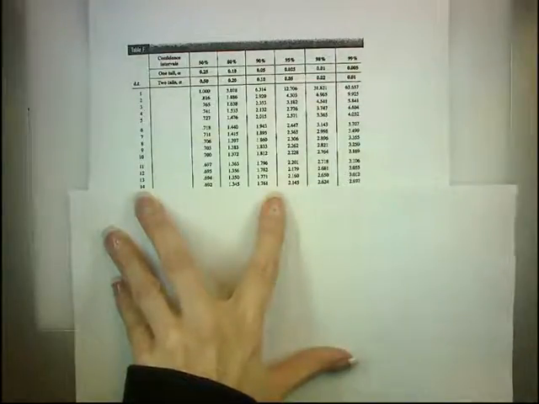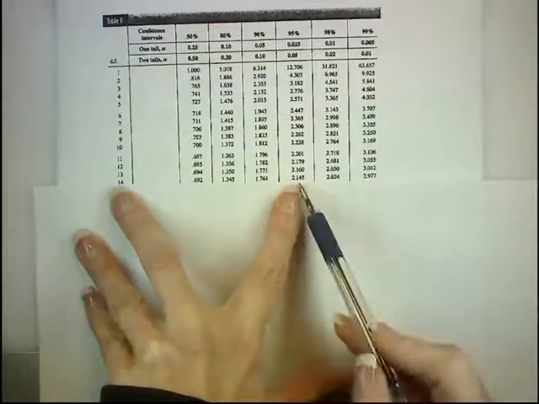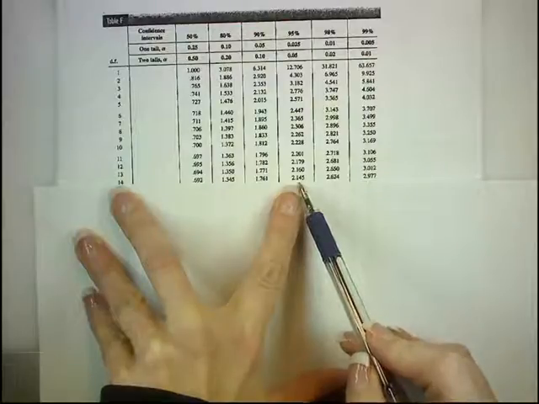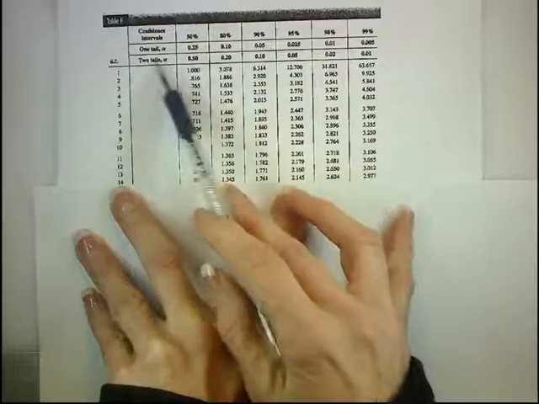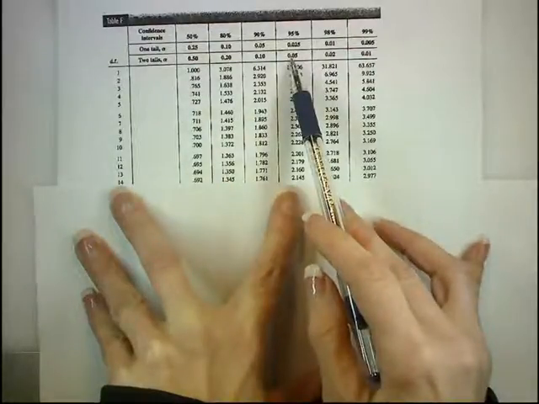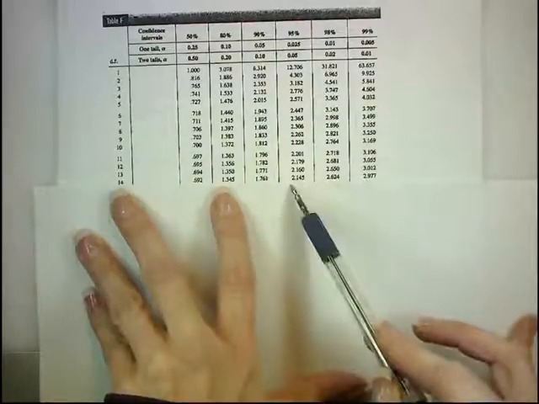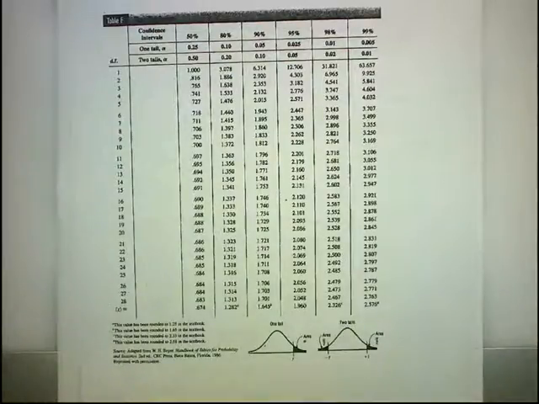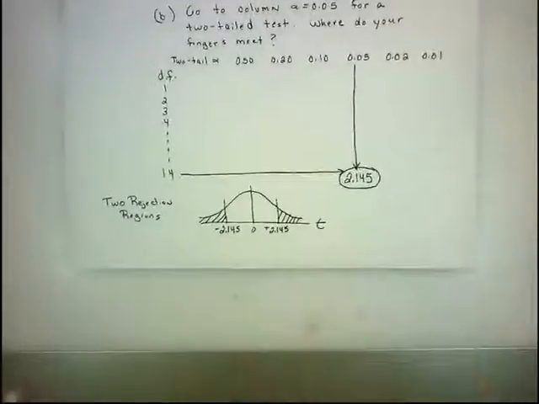Your two fingers will meet at 2.145, and you'll make that a plus and minus because it's a two-tailed t-test. 2.145. So two-tailed alpha, two-tailed test, alpha was 0.05. Degrees of freedom 14 because my sample size was 15, plus and minus 2.145. And those will mark my two rejection regions here, two critical values.